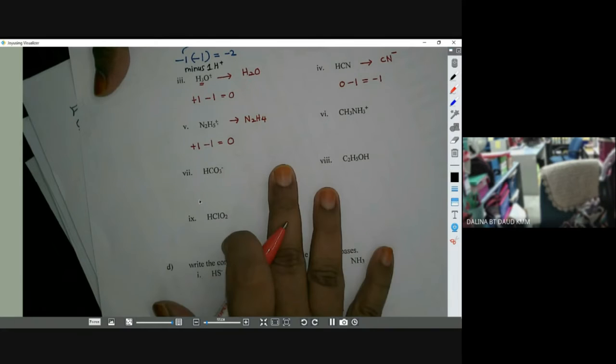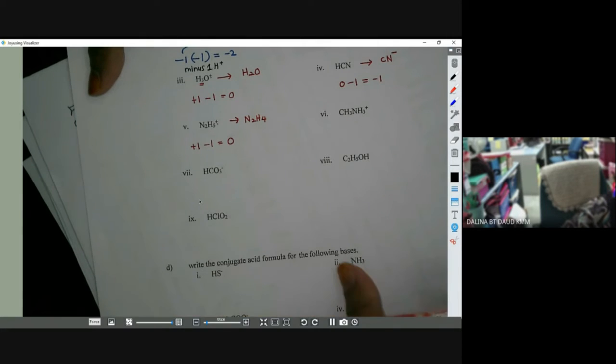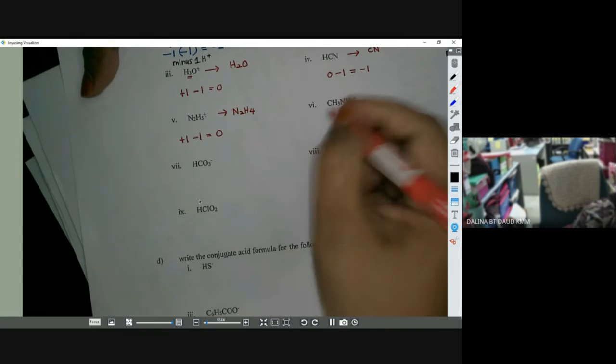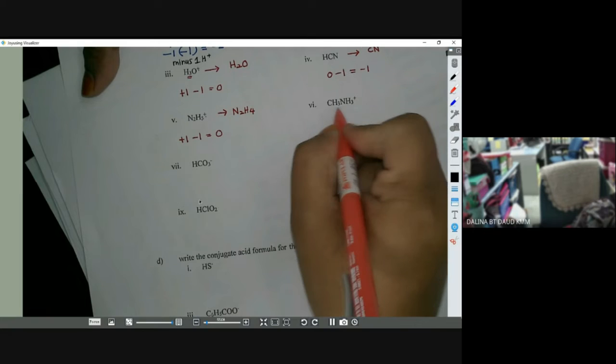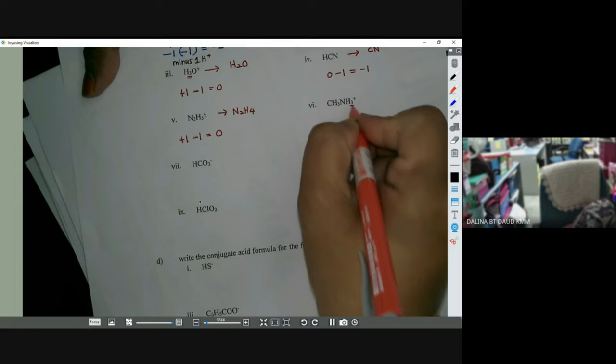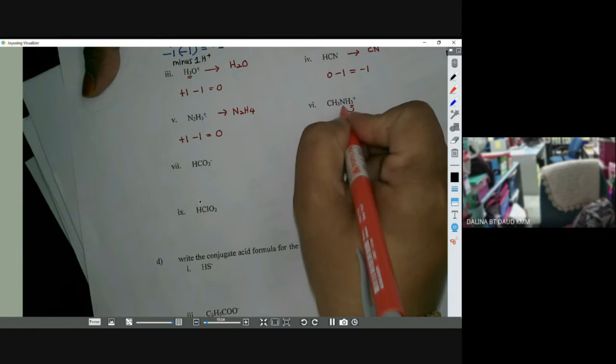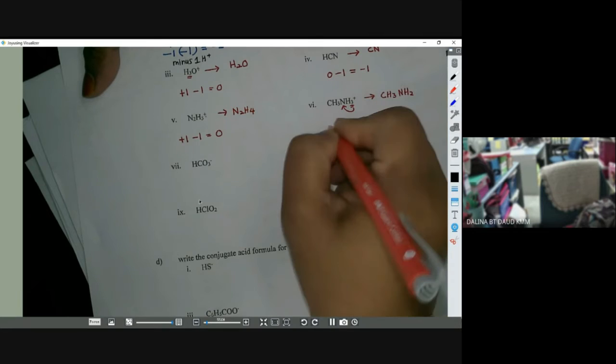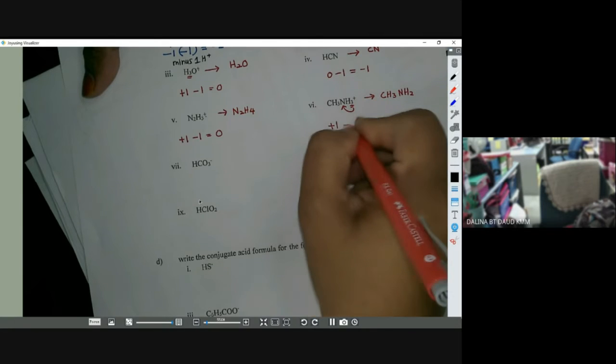Bila kita nak buat equation tu, kita kena tahulah benda-benda ni. Okay, so here, we want to donate H. So normally kalau kita nak donate H, H ni mestilah yang bonded pada N, bukan pada C. So the product is CH3NH2. So plus 1 minus 1 equal to 0. So this is neutral.